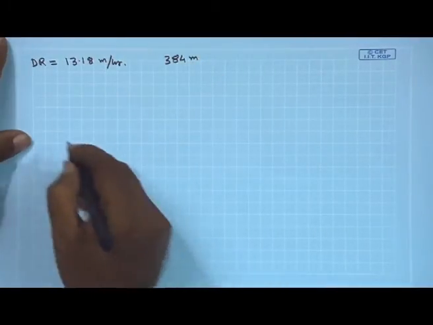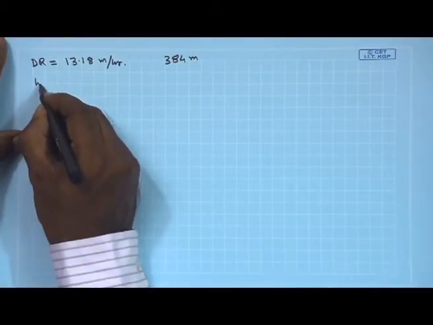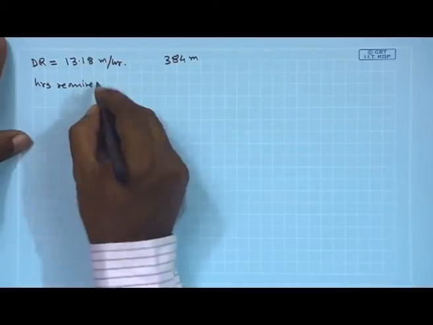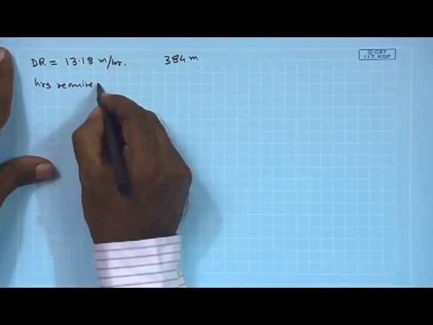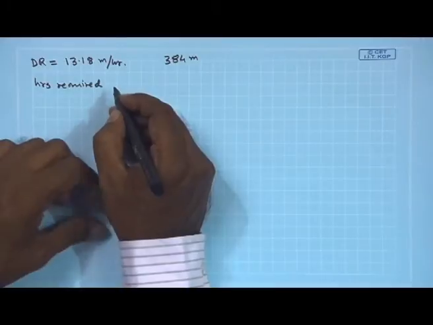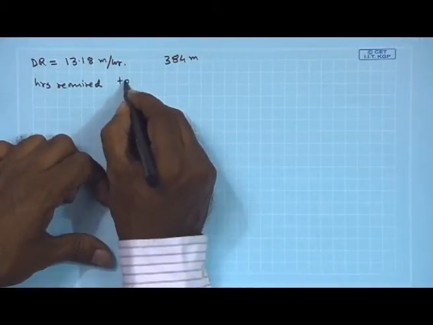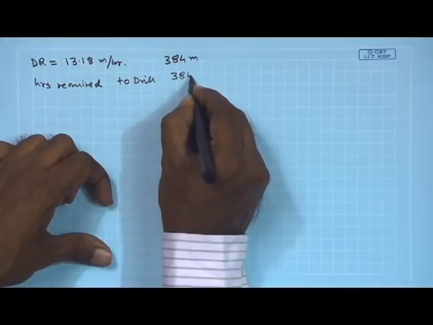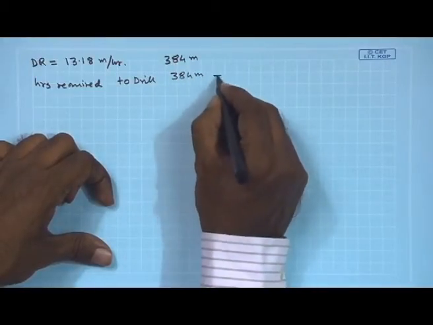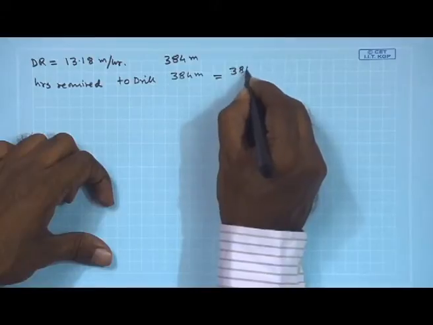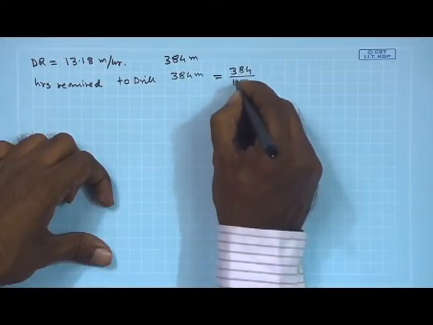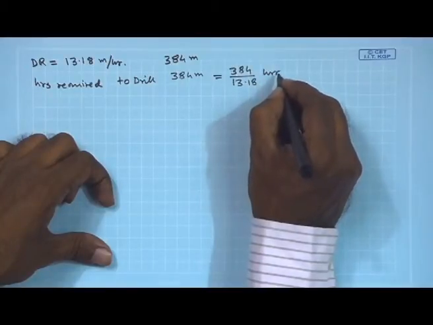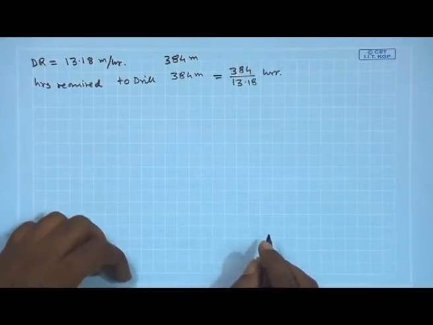So the hours required to drill 384 meter is equal to 384 by 13.18 hour.